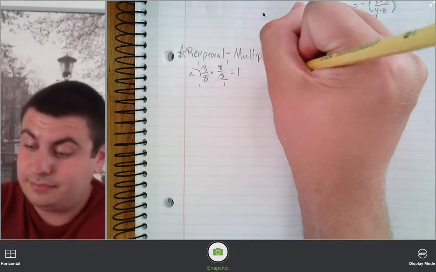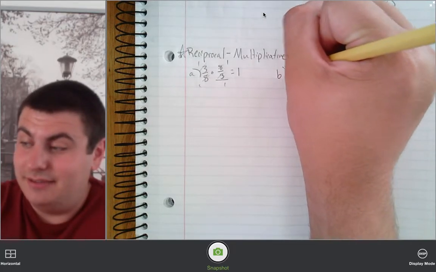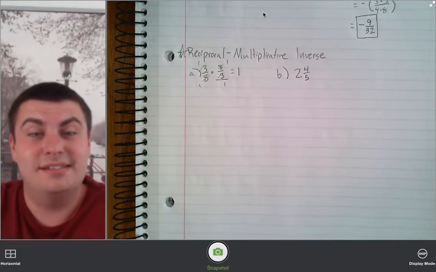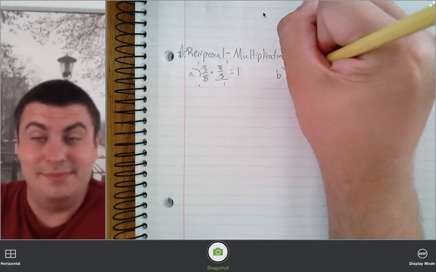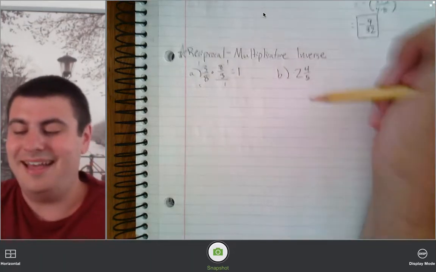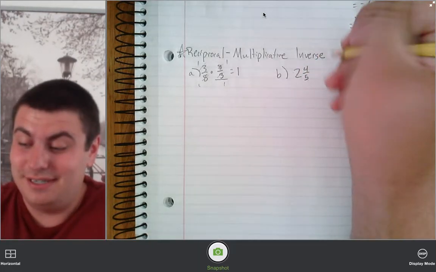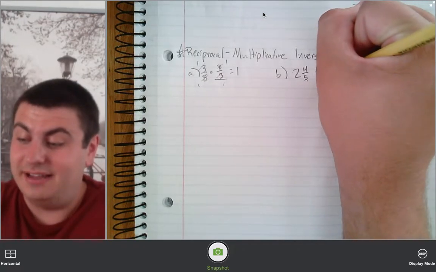Now, if we had to find the reciprocal of a mixed number, so 2 and 4/5, first we have to write it as an improper fraction. So 5 times 2 is 10, plus 4 is 14 over 5.